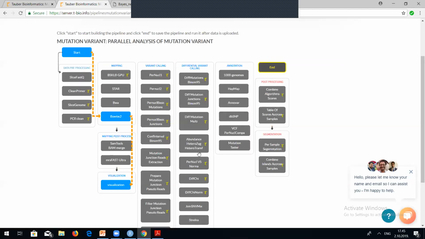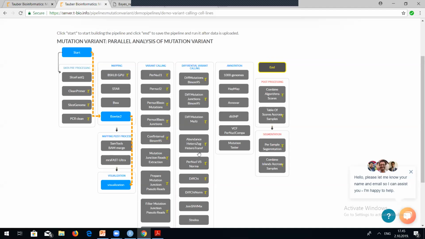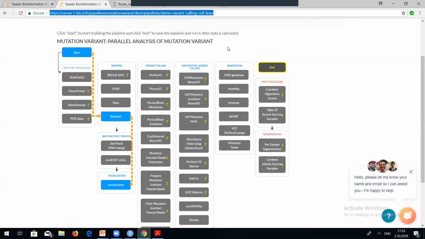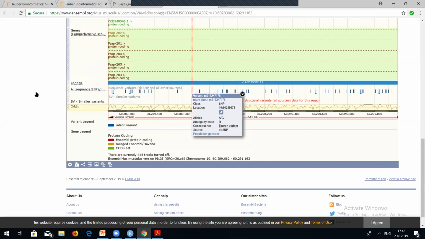So aside from, for example, SNP data or mutation data or transcription data that we dealt with mostly so far, we also have the FASTA files, right? So FASTA files are sequences.